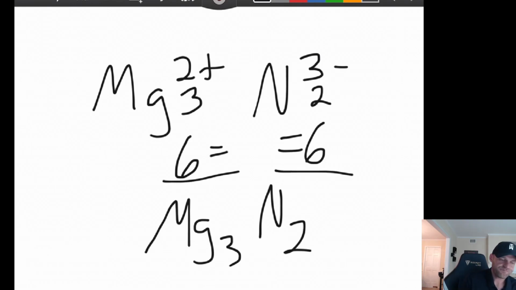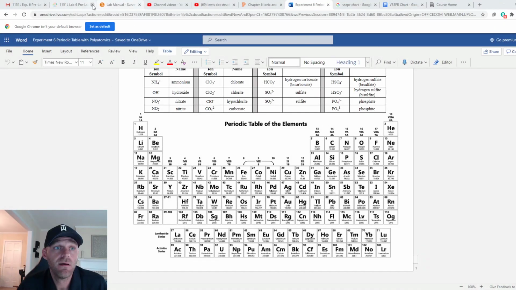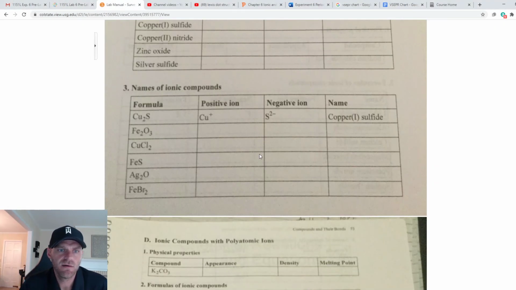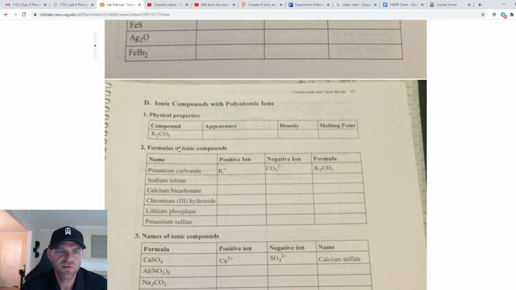Okay? That plus and minus is a charge, not the operation. I'm multiplying this. Okay, so Mg3N2. That's how you use the charges of these atoms to balance out the chemical formula. Okay? So you'll do that back and forth with those.